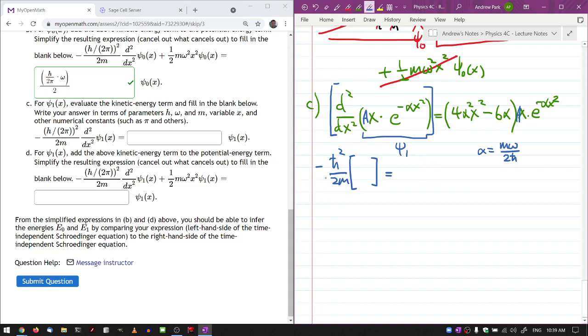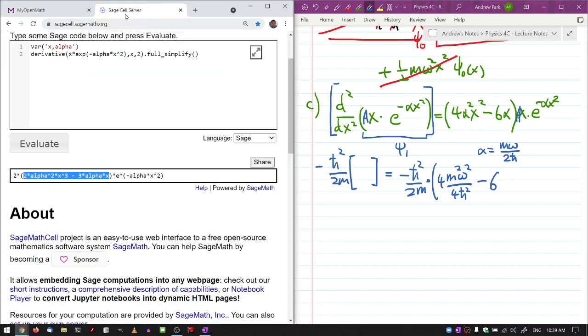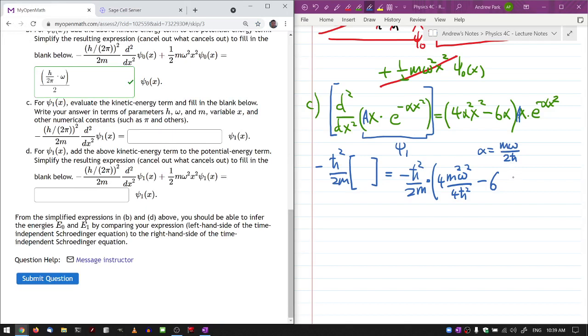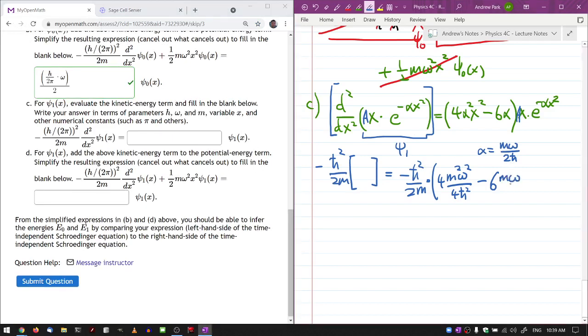So distributing minus h bar squared over 2m, I get minus h bar squared over 2m, and let me plug in the alpha as I go: 4m squared omega squared over 4 h bar squared, minus 6m omega over 2 h bar.